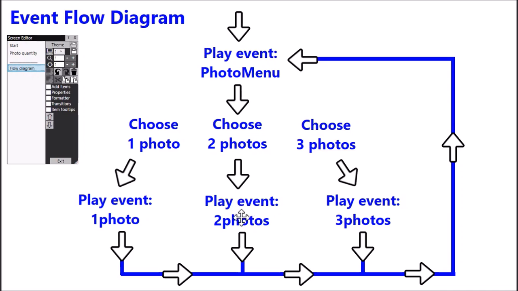When the user is finished, the event flow takes the system back round to play the photo menu event again, ready for the next user. And that is the total event flow for this solution, which involves 4 event files.